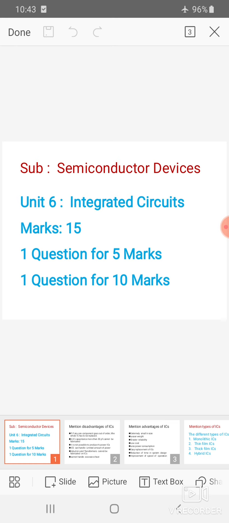In this 10 marks you may get one question for 10 marks or two questions for 5 marks also. In this chapter, the frequently asked questions, referring to the previous question papers as well as the question bank, I have listed a few along with answers.